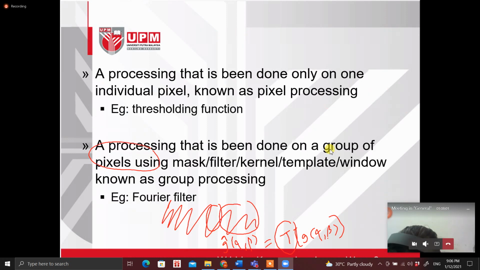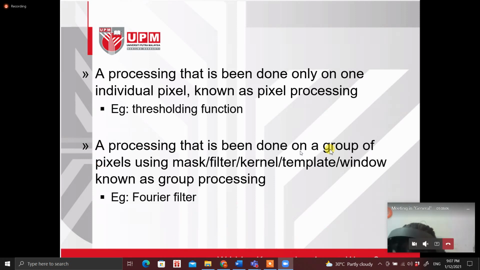Okay, so this is an example. Sorry, before going into the example, that particular transformation function can either affect one individual pixel, which we call pixel processing, or it can affect a group of pixels, which we call group processing.